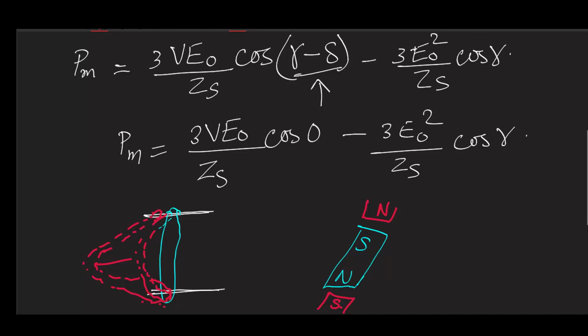Now when you try to generate more torque, when you put load on your motor shaft, what happens? There is a slight change in its position, like this, and that causes what?